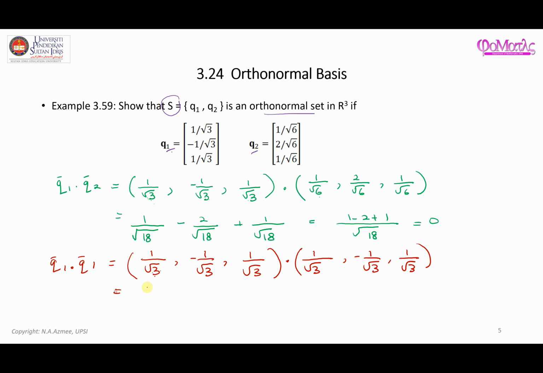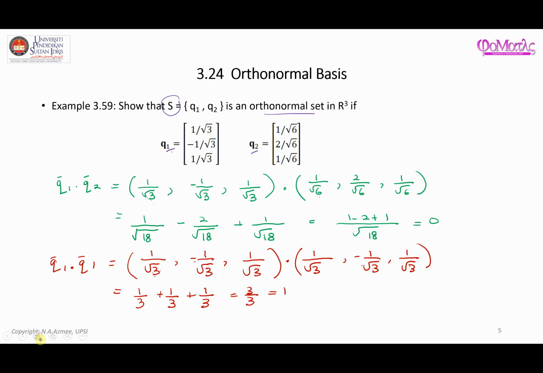So the first component is, well, you have square root 3 and you have square root 3. When you multiply together, the square root is going to be eliminated. So here we have 1 over 3. 1 over 3, negative 1 over square root 3 with this one, you will get negative 1 over 3. Actually, negative, negative, positive. Positive 1 over square root 3 with itself. And here is just 3 over 3, which is equal to 1.